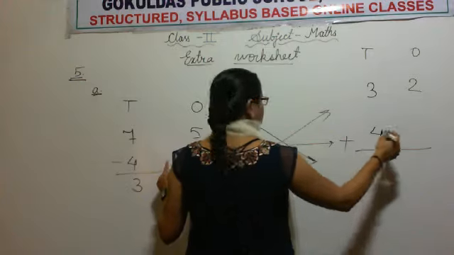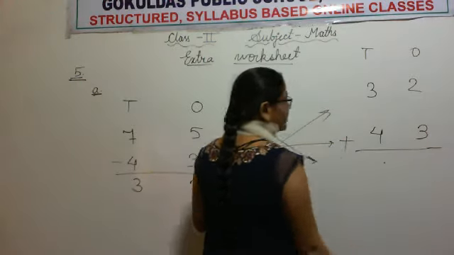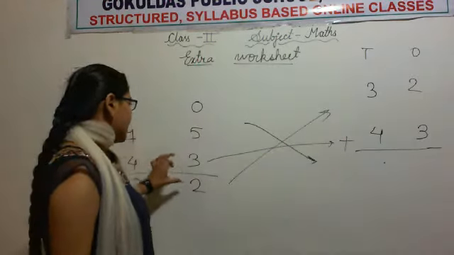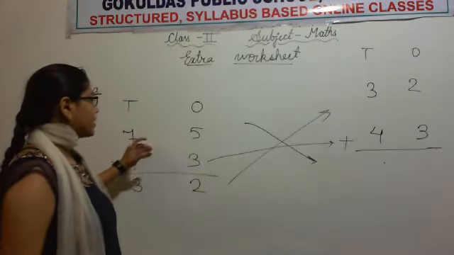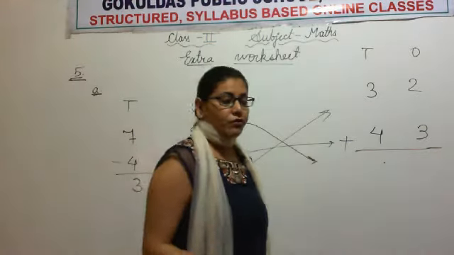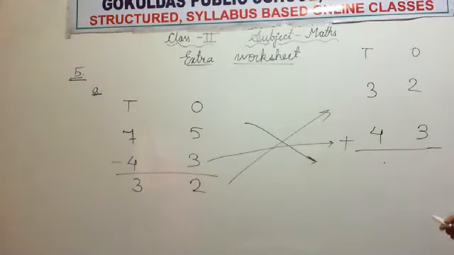The difference is the first addend and the subtrahend, that is 43, is the second addend. Now let's add our difference and subtrahend. If we get 75, then we will get to know that our answer is correct. That subtraction is correct.